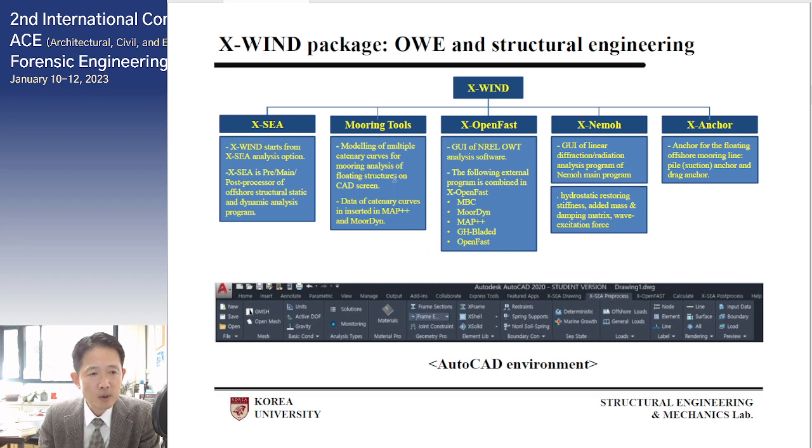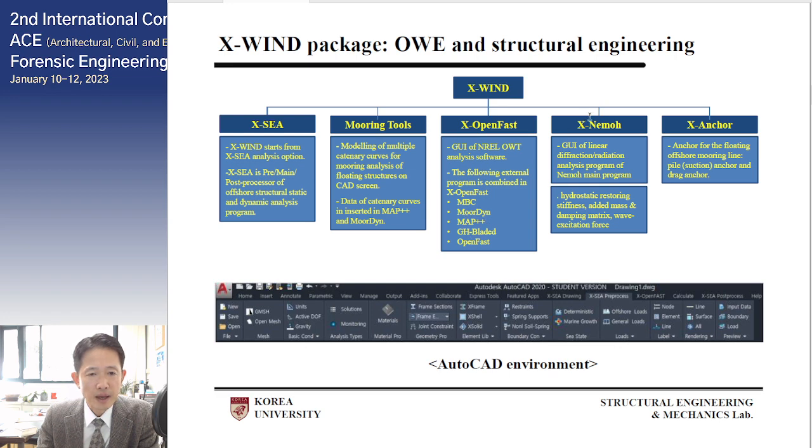The second one is the mooring tools. It can model various kinds of mooring models, like catenary cables, and fixed type and pile type mooring tools. The third one is the X OpenFast, which provides a graphical user interface to the NREL OpenFAST analysis software. Using this X OpenFast, we can combine different kinds of analysis modules.